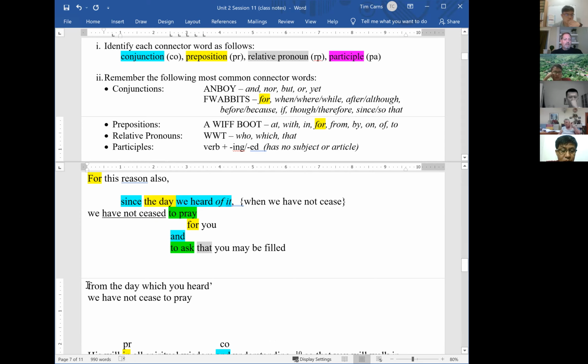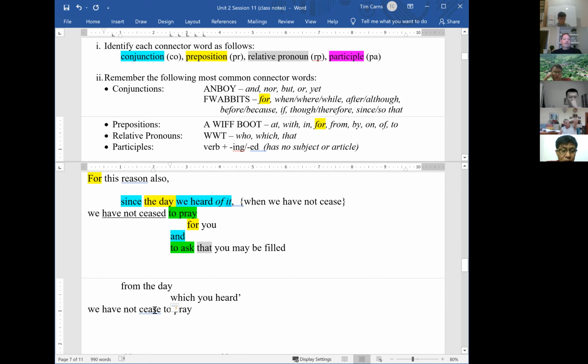All right. And here we would have this, from the day, because it's describing when, and which day, the day which you heard. So when we have not ceased is from the day. And then which day is being covered by this relative clause here. So this would be the most accurate way to diagram that.